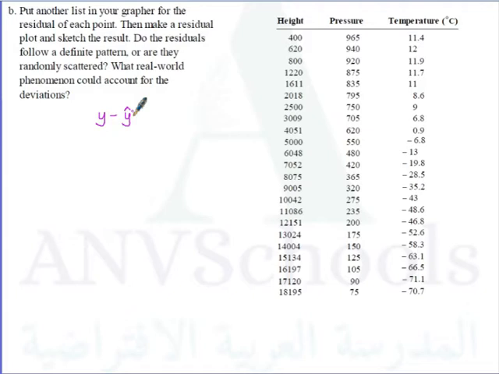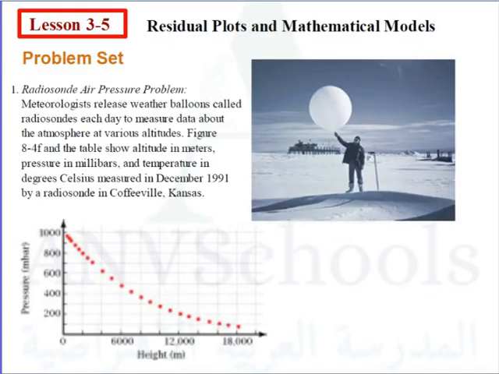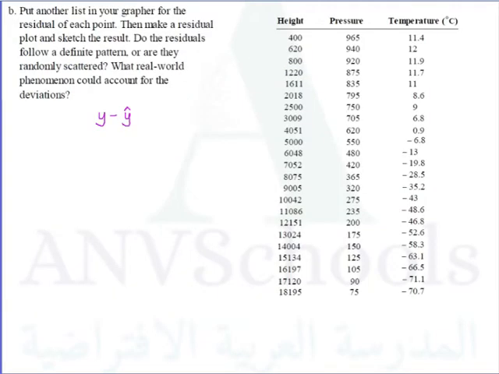For every y here, this is our y. Yes, our y is pressure in millibars and our x is height in meters. Am I correct?